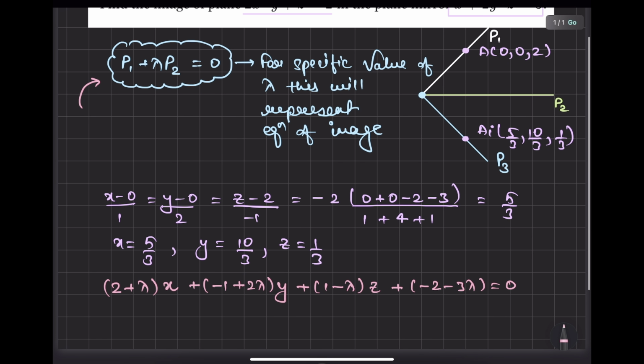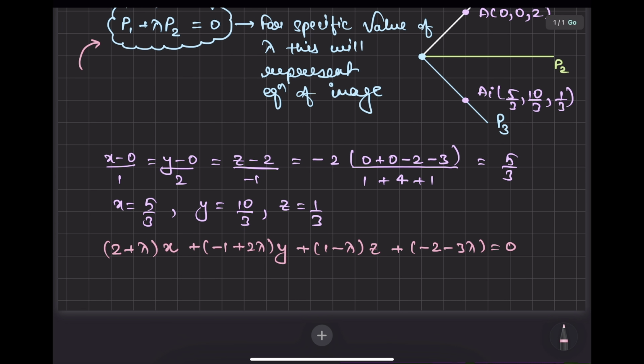Now let's simplify things. We need to find the value of lambda, so first substitute x, y and z.